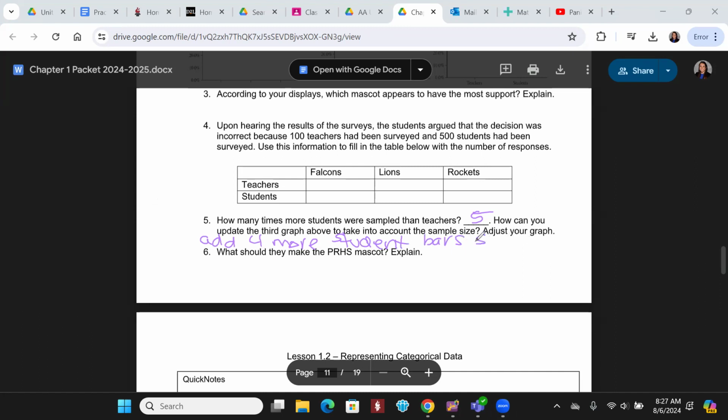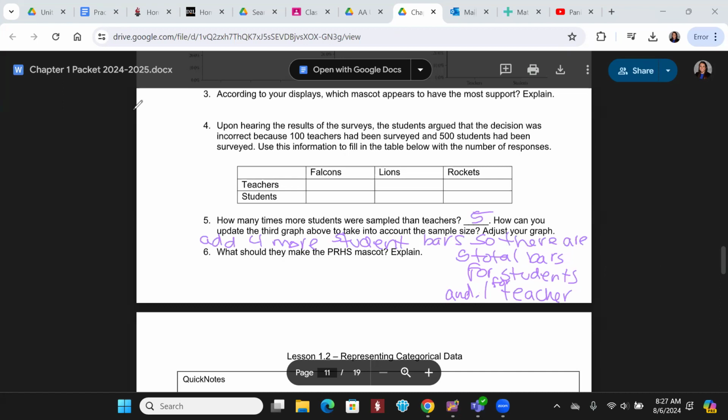So there are 5 total bars for students and 1 for teacher. Okay, so we added 4 more student bars. So there are 5 total bars for students and 1 for the teacher. Okay, so mosaic plot shows a proportion of the things that you're talking about.